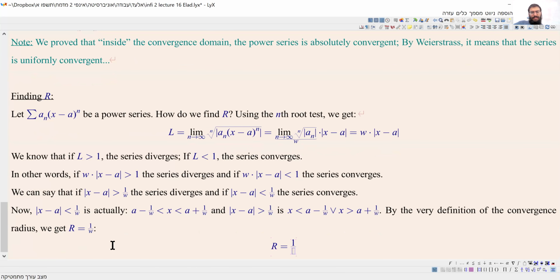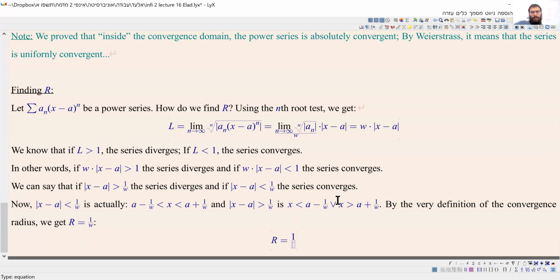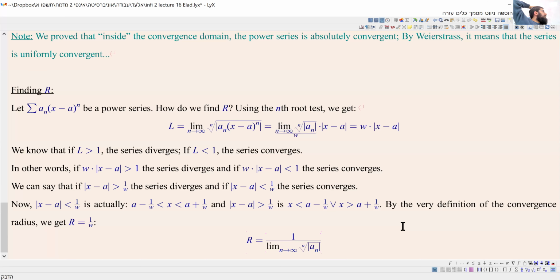R is 1 above the limit of the nth root of an itself, without the x. So we have a nice, healthy formula calculating R.